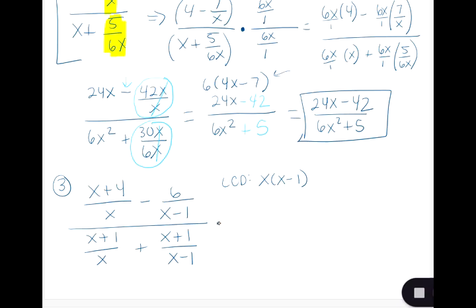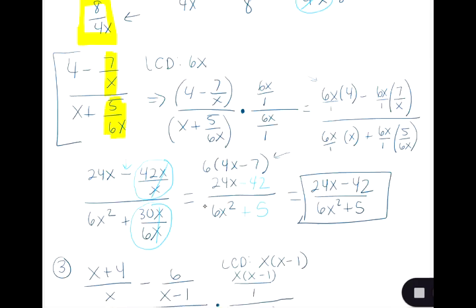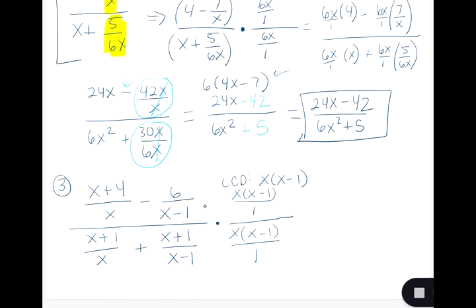So now what I'm going to do is multiply the numerator and the denominator by the same thing, right? I'm going to multiply the top and the bottom by the same thing so that it's equal to 1. So I'm going to say x times x minus 1, and I'm going to put it over 1 so that it helps me remember that I'm multiplying my numerator, not my denominator, in here. And so this is one of the types of problems where you want to do it in bite-sized pieces, right?